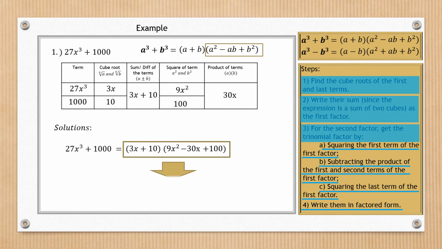Actually, this is now the factored form. So, that is the answer. Therefore, 27x cubed plus 1,000 is equal to the factored form: open parenthesis 3x plus 10 close parenthesis times open parenthesis 9x squared minus 30x plus 100 close parenthesis.